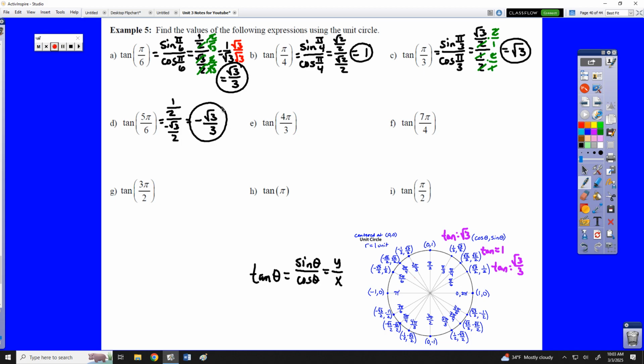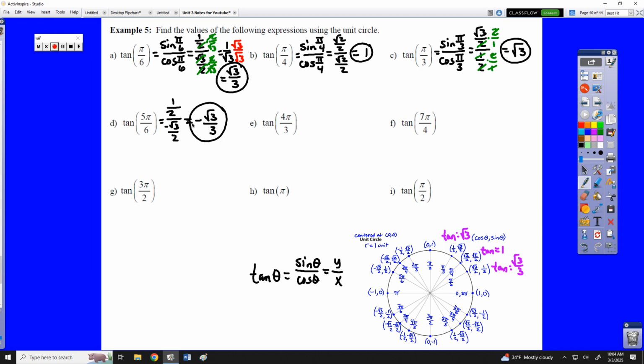The difference being that since one of those two numbers is negative, our tangent would be negative. And that's in quadrant 2, so we should know that in quadrant 2, cosine is negative and sine is positive. So when we divide sine by cosine, we're doing a positive divided by negative, which is a negative. Otherwise, it would have the same value as its reference angle from quadrant 1, pi over 6. So negative root 3 over 3.